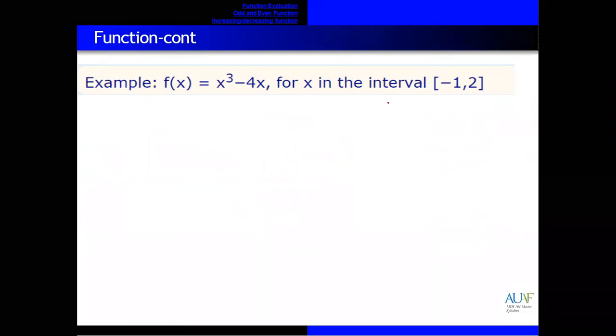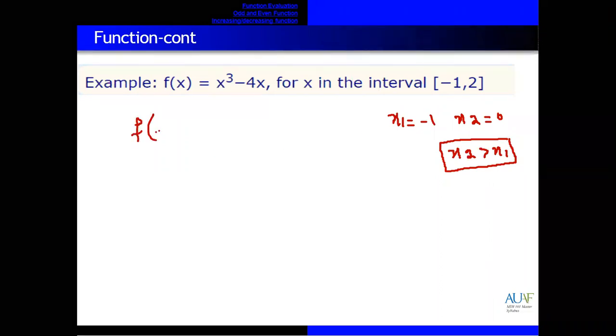If we select x1 is equal to minus 1 and x2 is equal to 0. Condition is x2 must be greater than x1. You will select the second value which is greater than the first value. So x2 is greater than x1. Now for the first value, f of minus 1 equals minus 1 cube minus 4 multiplied with minus 1.